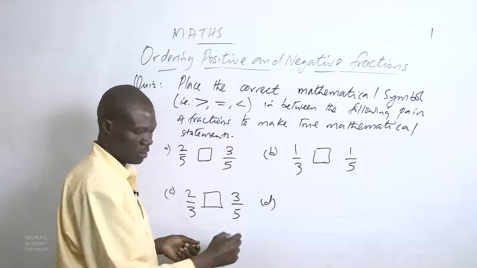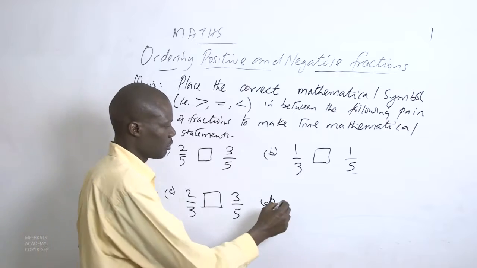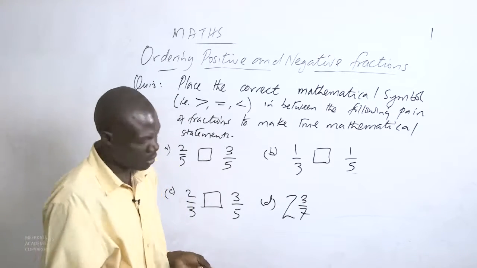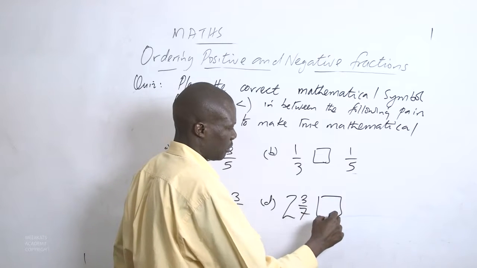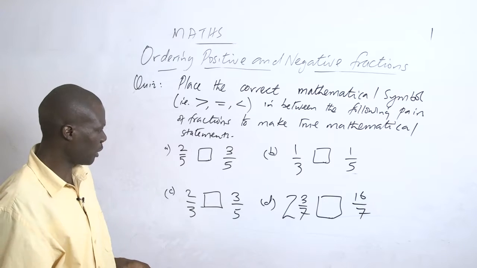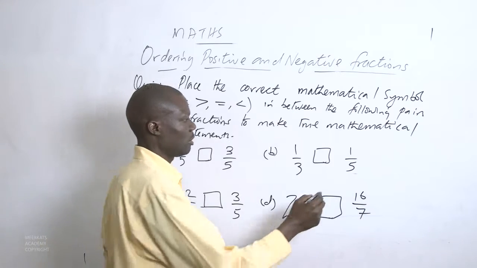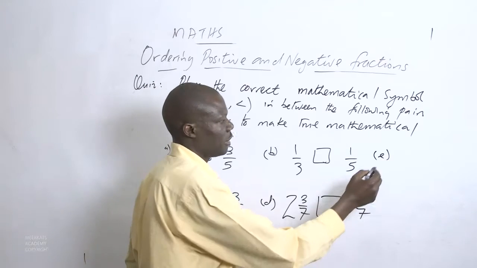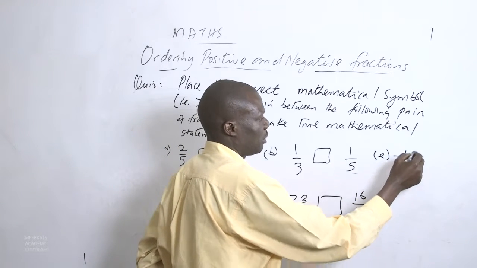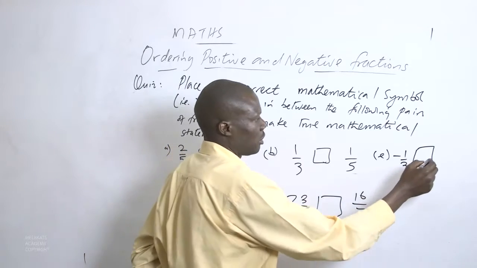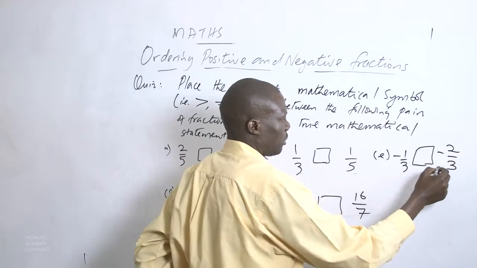Part D, 2 and 3 over 7, and 16 over 7. And finally, number E, we have negative 1 over 3 and negative 2 over 3.